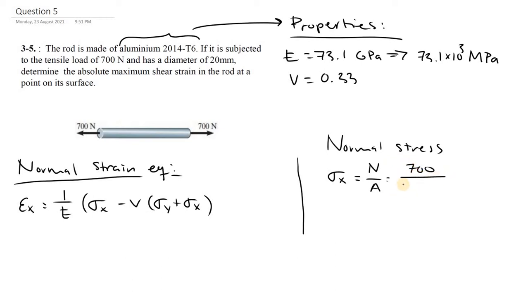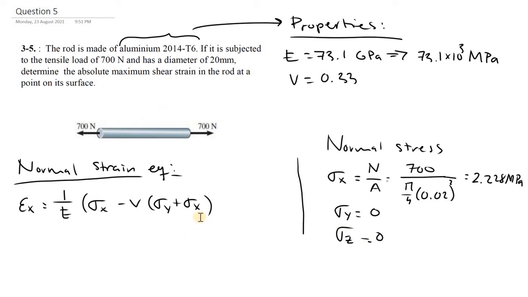For the area of a circle, we can use pi on 4 times the diameter squared, and we write that in meters. Getting it in megapascals, we have 2.228 megapascals. In the y direction there's no force, so there's no stress, 0. And the same in our z direction, 0.